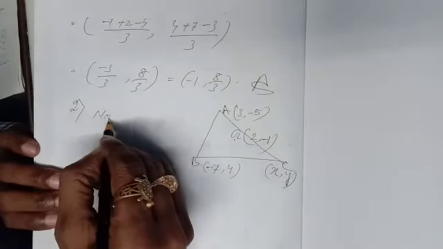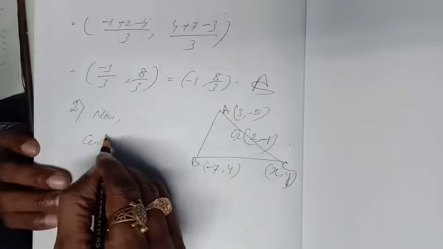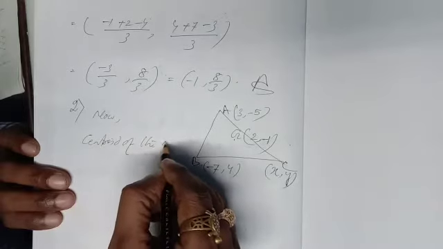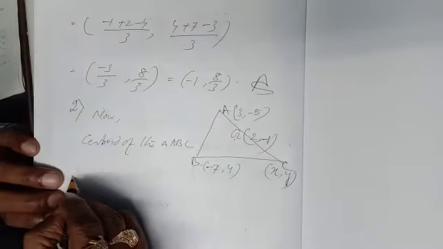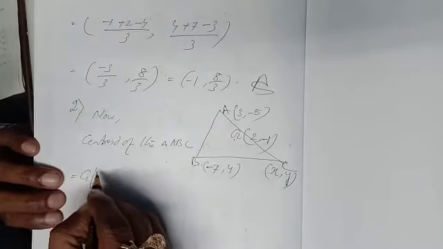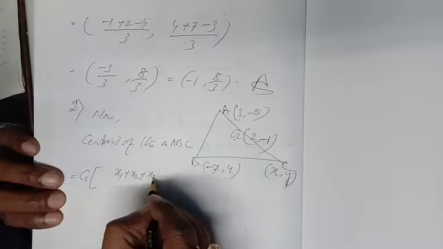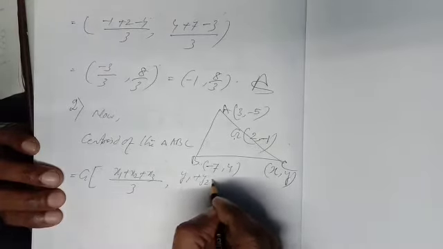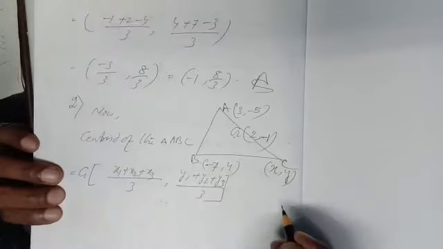Now the centroid formula: the centroid G of triangle ABC is x1 plus x2 plus x3 by 3, y1 plus y2 plus y3 by 3.